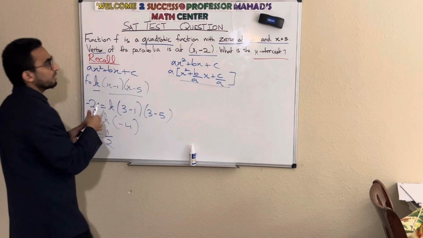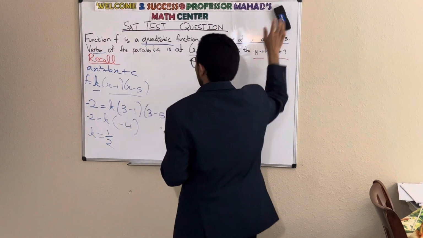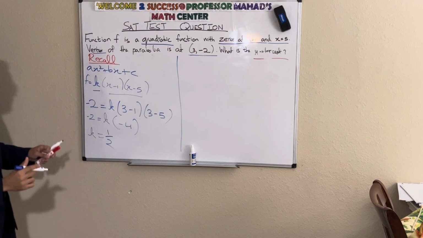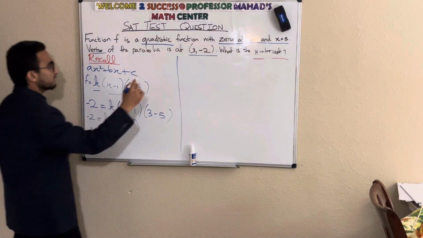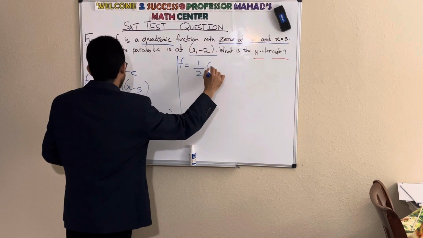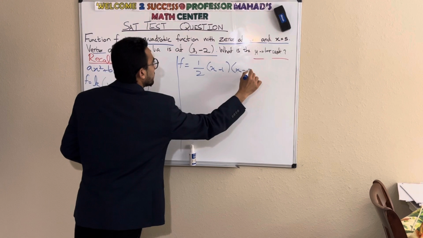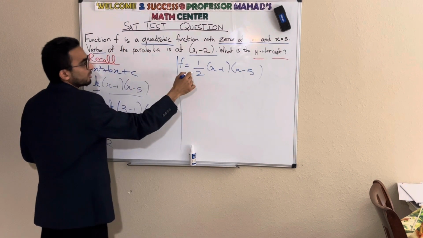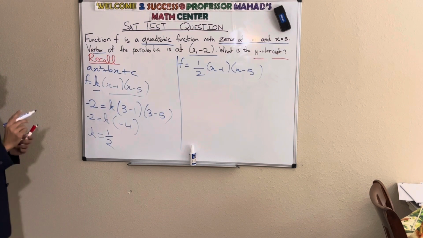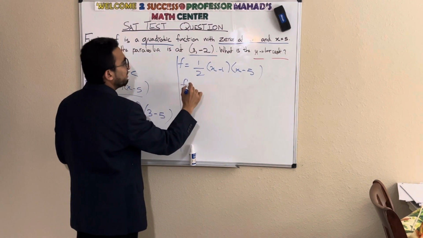Let me erase this now, guys. Now, I know that the function is... okay, so we ended up finding the constant value. By this we know that this is going to be a happy face. Why?